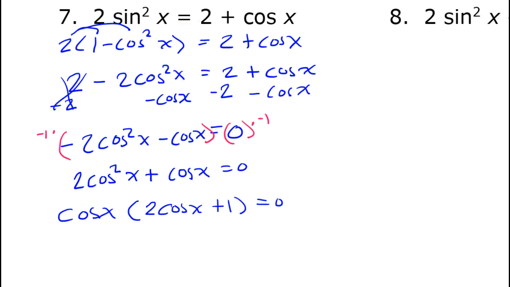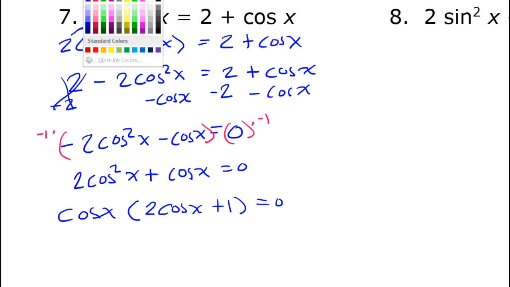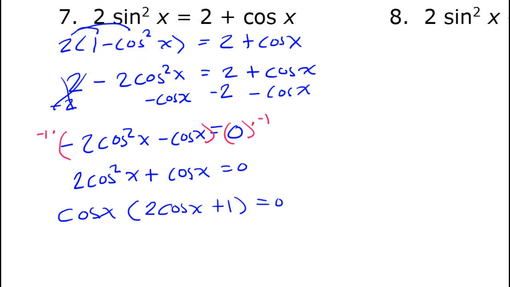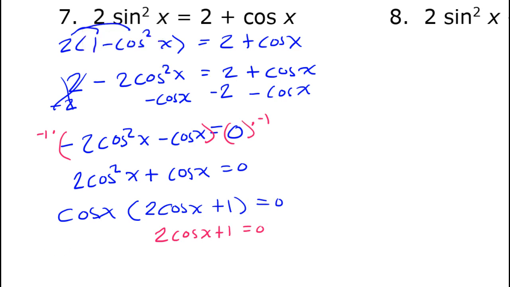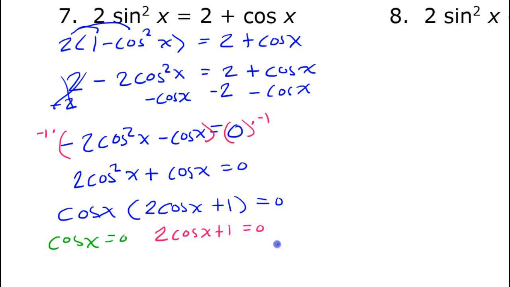Set these factors equal to 0. All right, so I'll have 2 cosine x plus 1 is equal to 0, and I will have cosine x is equal to 0.